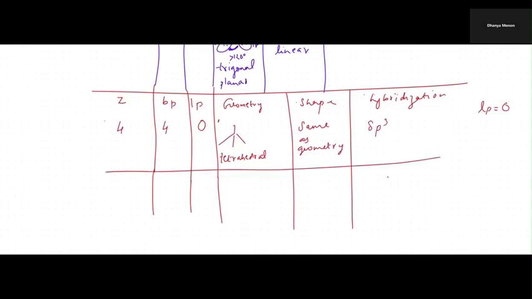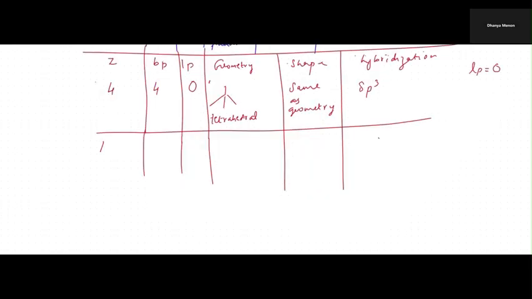Now coming to Z value 4, yes. But there may be 3 bond pairs. 3 bonds are there and 1 lone pair. Okay. So maybe something like ammonia. So the hybridization is the same, sp3. The geometry is the same, tetrahedral.